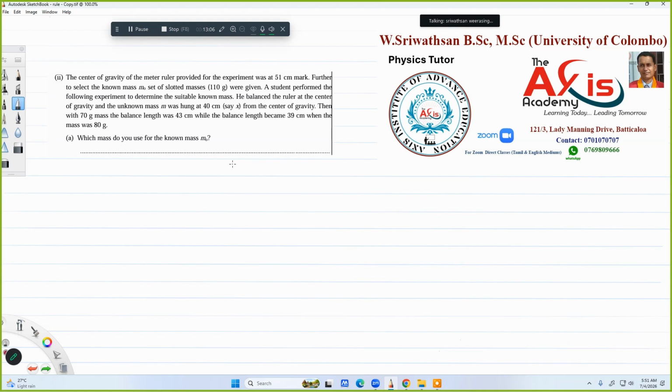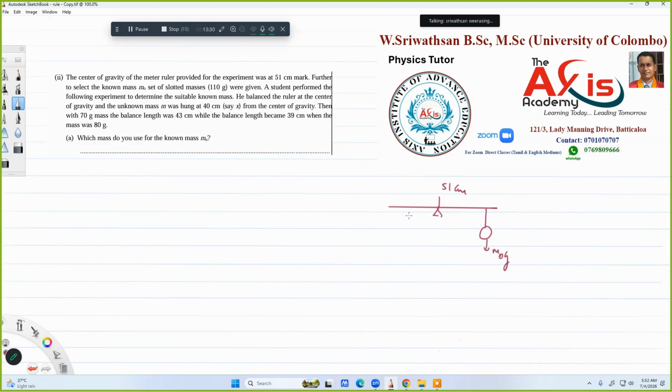The thing is, we need to understand what they are saying. Just have a look at this. So this is a meter ruler. Meter ruler is balanced on the 51 centimeter mark. At one end, the unknown mass is hanged.